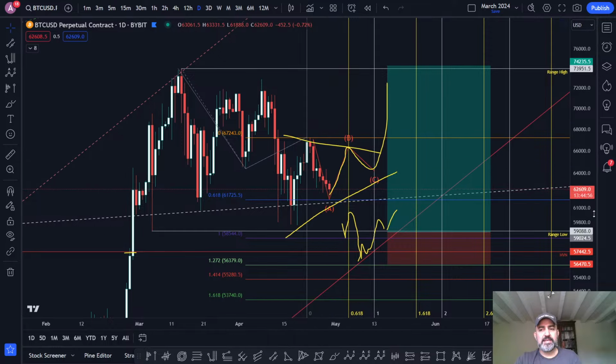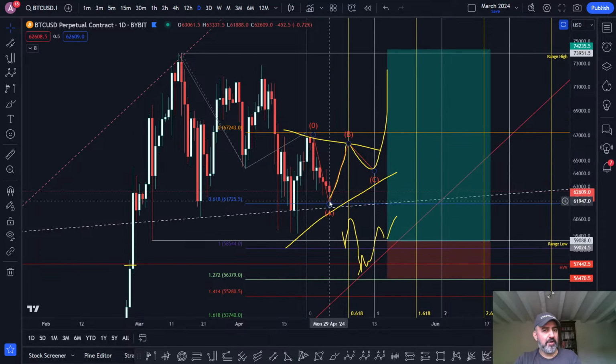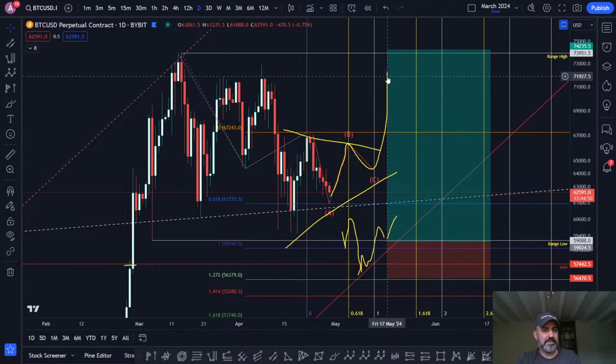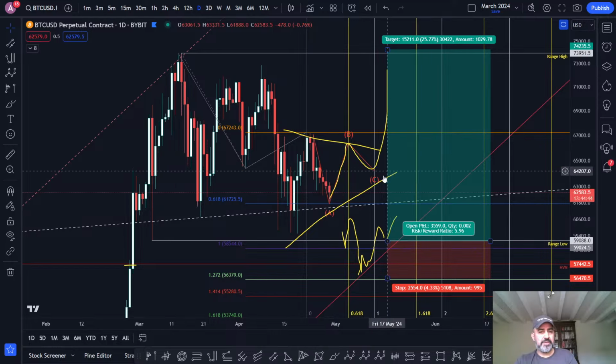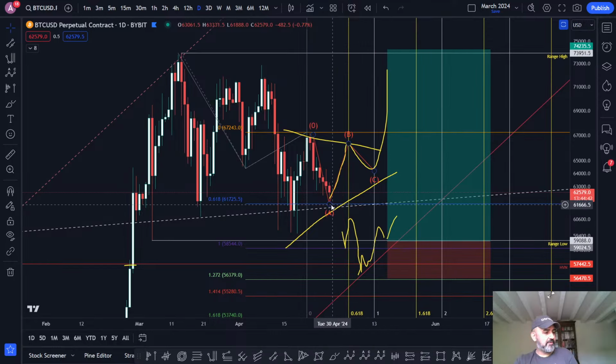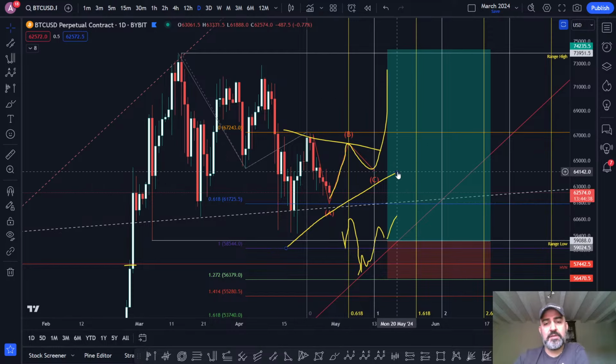What you'll get is a lot of people shorting this lower part of this range, and that's when you can finally get some kind of squeeze to the upside. So potentially we're about to put in a pivot for an A to go up now. Even though people think we're going down, we could be going up.